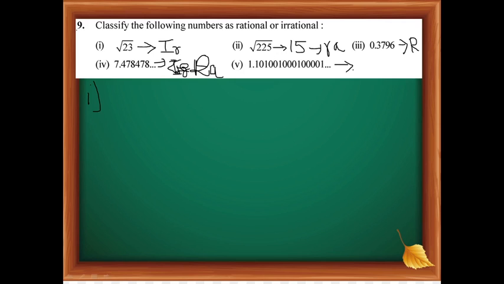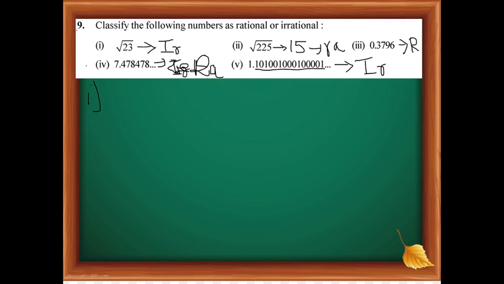Then 1.101001000010001, then it will continue. So here nothing is terminating, and no pattern is recurring. So this is an irrational number.